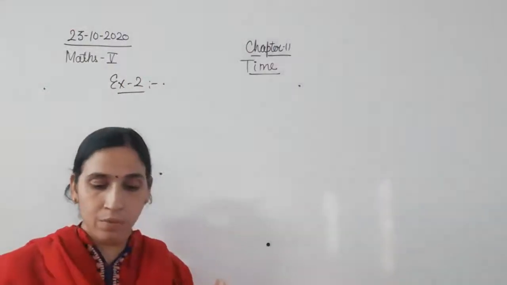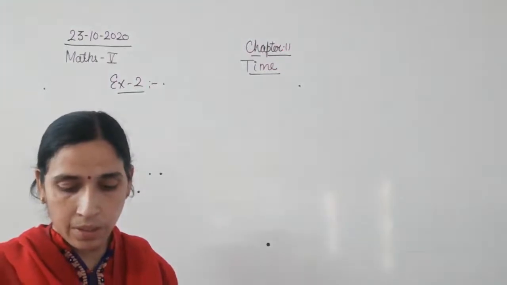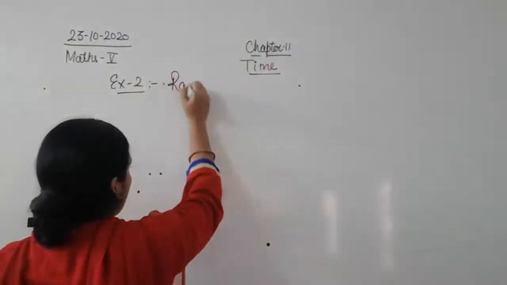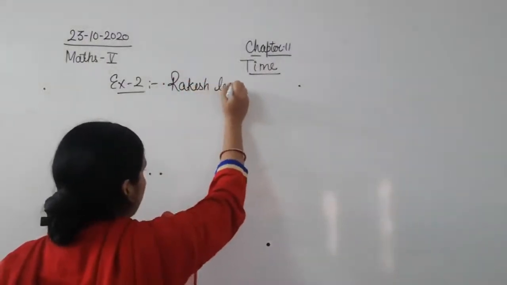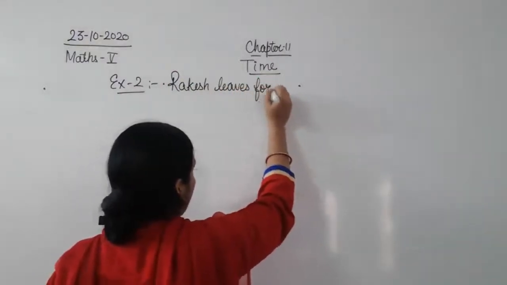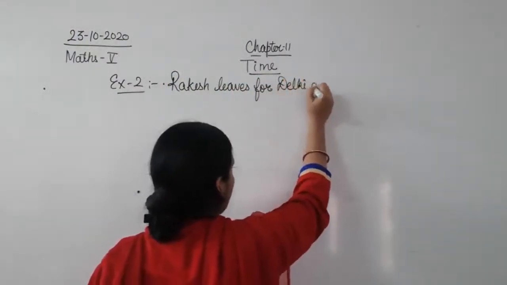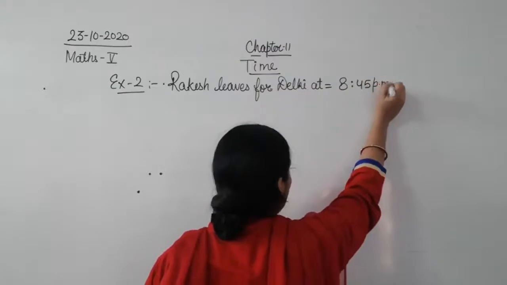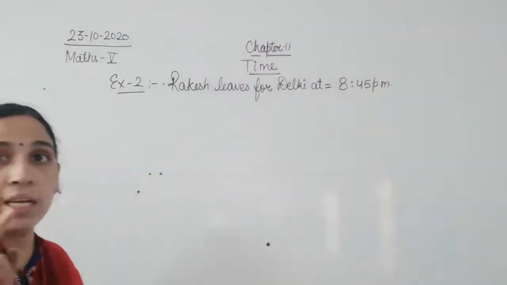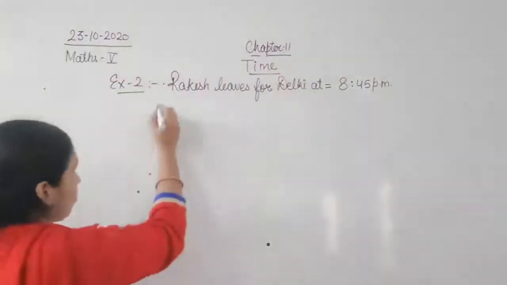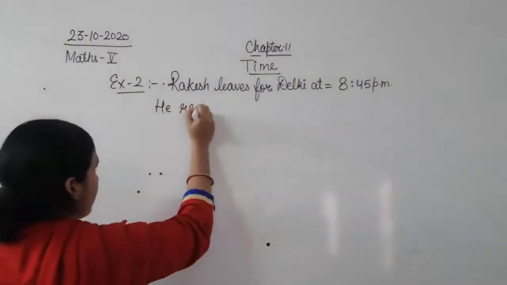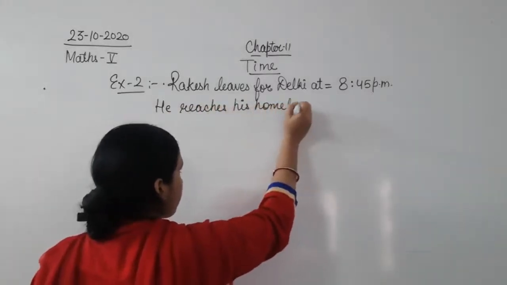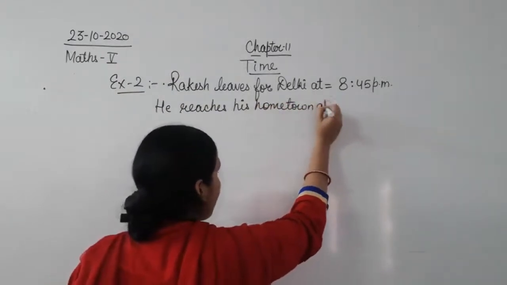Now example 2. Here the time which is given in PM, we will write in 24-hour format. Rakesh leaves for Delhi at 8:45 PM. At this time, Rakesh leaves for Delhi. Now, he reaches his hometown at what time?